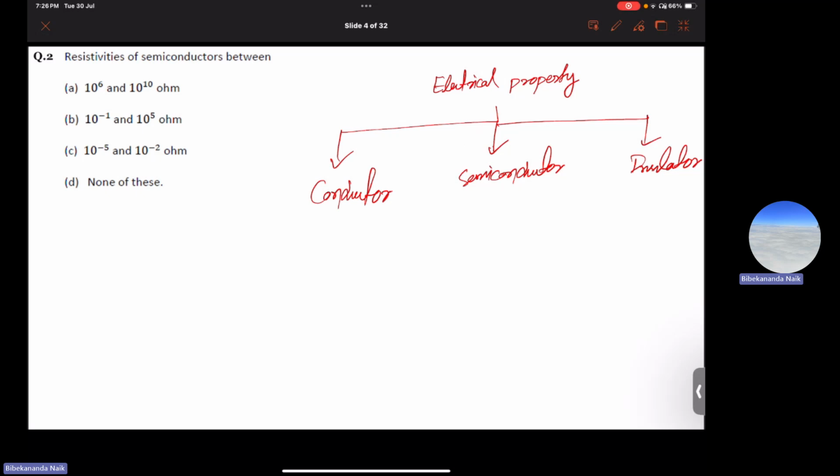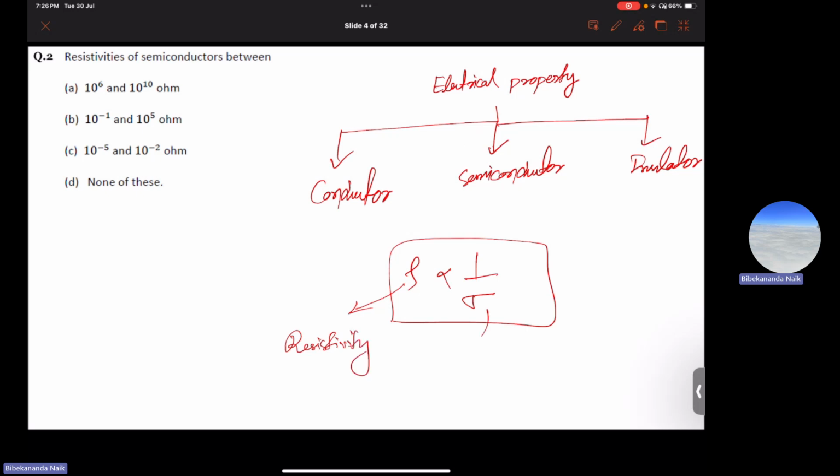We know the valence electrons are responsible for electrical conduction. The relation between resistivity and conductivity is given by rho proportional to 1 by sigma, where rho is the resistivity and sigma is the conductivity.